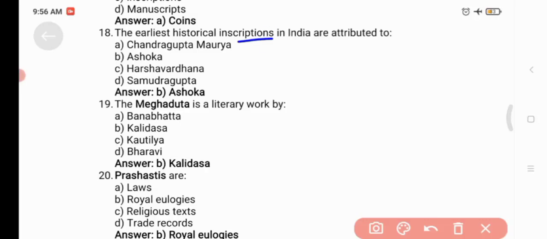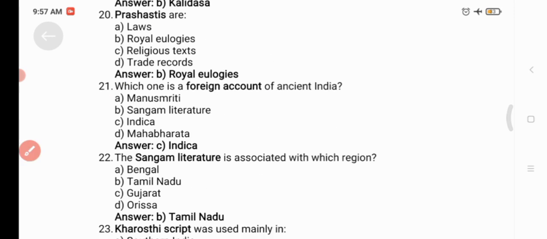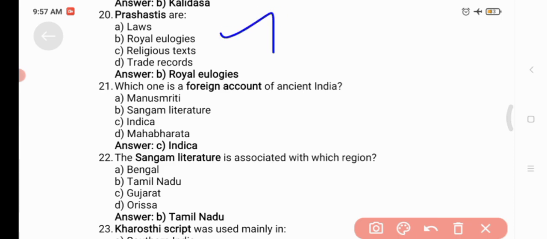The earliest historical inscriptions in India are attributed to option B, Ashoka. The Meghaduta is a literary work by option B, Kalidasa. Prashastis are option B, royal eulogies.